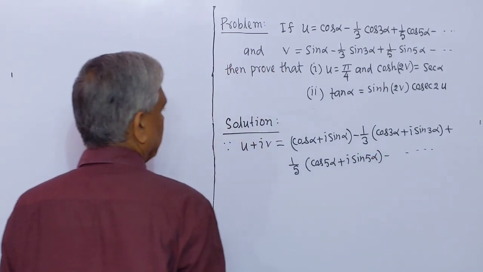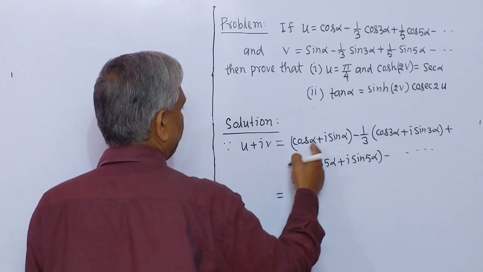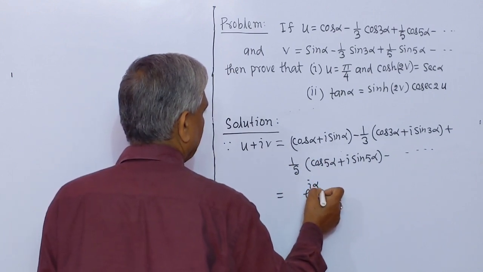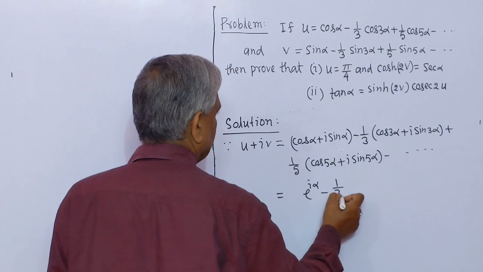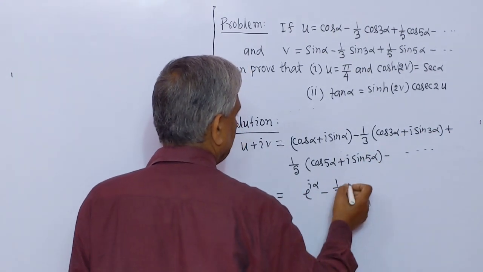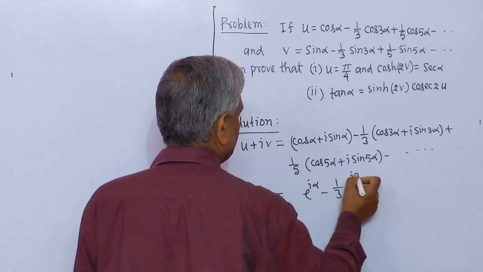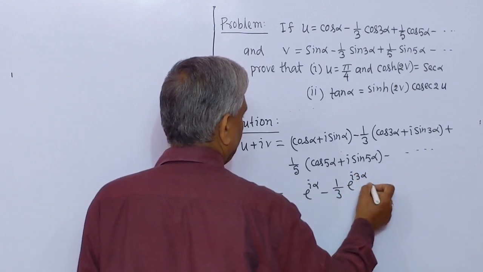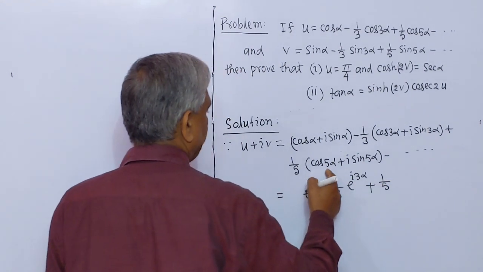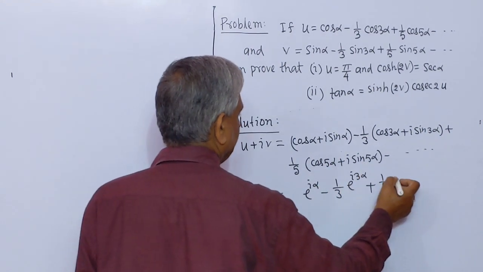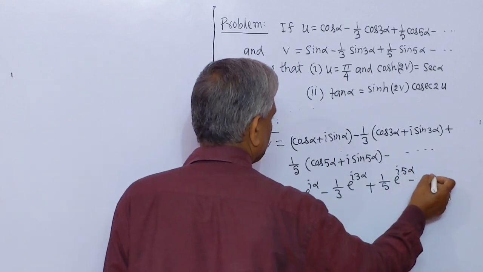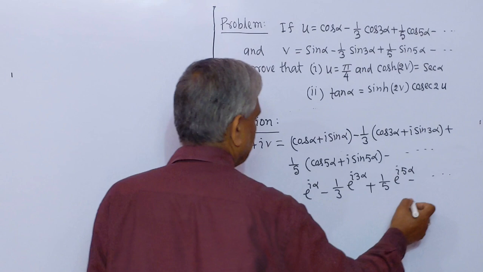This equals cos alpha plus i sin alpha is e to the power i alpha, minus 1 by 3 cos 3 alpha plus i sin 3 alpha is e to the power i 3 alpha, plus 1 by 5 cos 5 alpha plus i sin 5 alpha is e to the power i 5 alpha, minus dot dot dot. Let this be number 1.